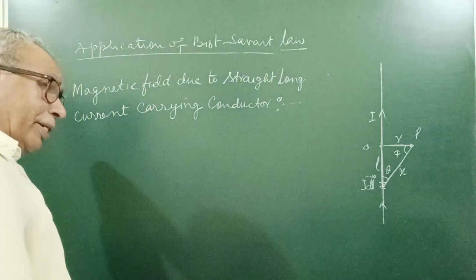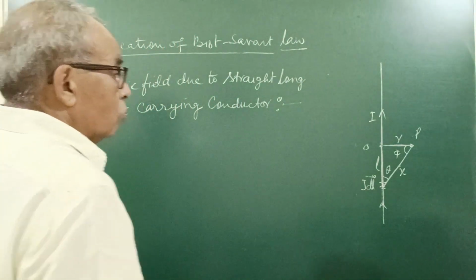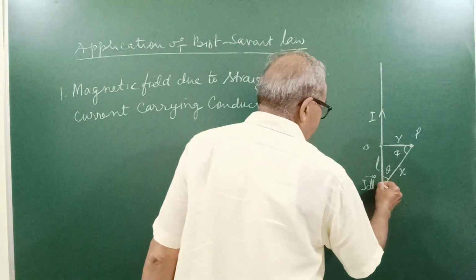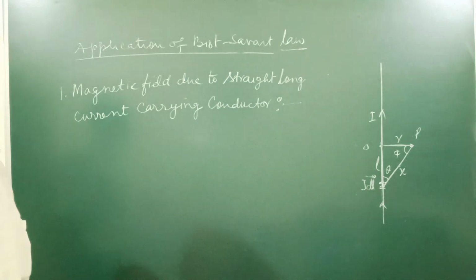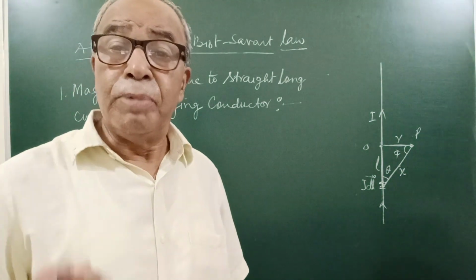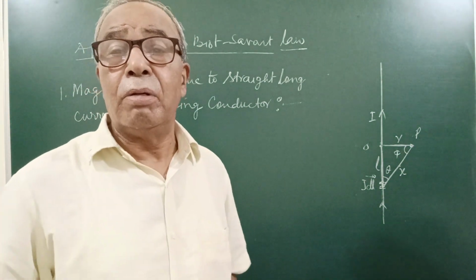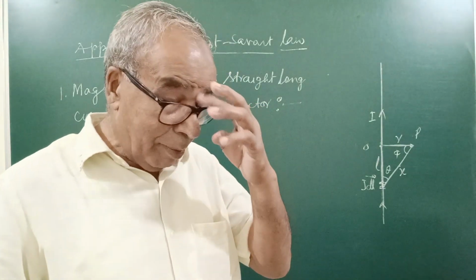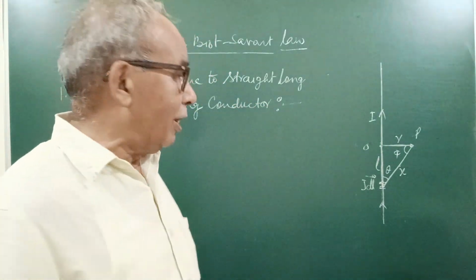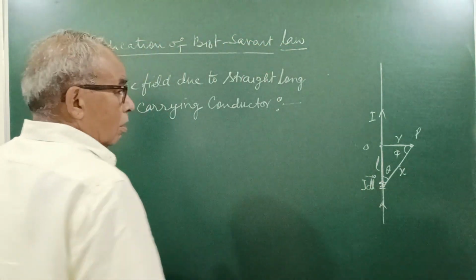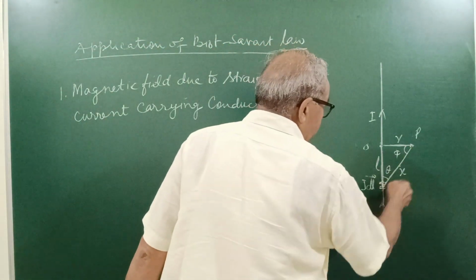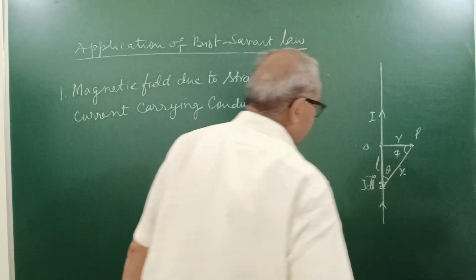So how to find this field here? So I have taken this element dl, because Biot-Savart law is for a small element, not for the whole length. Be careful. Biot-Savart law determines the magnetic field due to a small length. So I consider this length dl here, whose distance from P is x, the position vector.